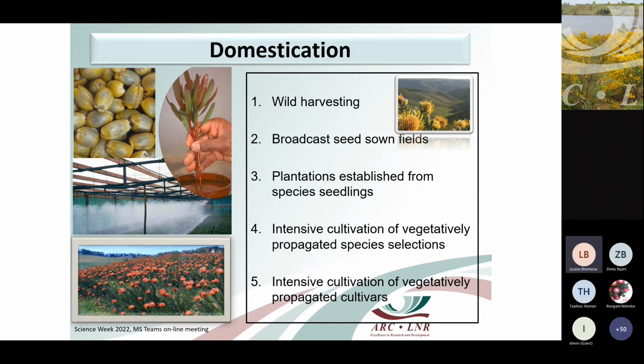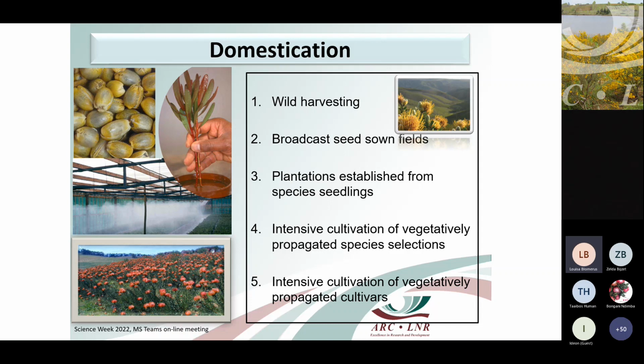Okay, from these broadcast sown seed plantations, they saw that some plants were more, and the flowers were more beautiful or more vigorous, and they started formal plantations, planting plants in a row, so that they can care for them more properly and reach them more properly.